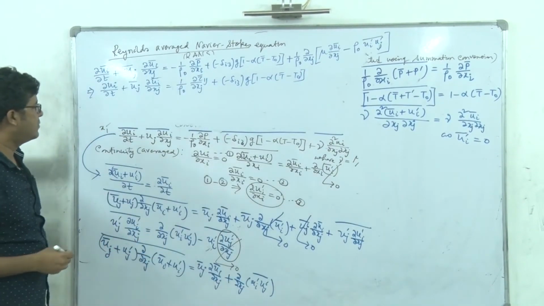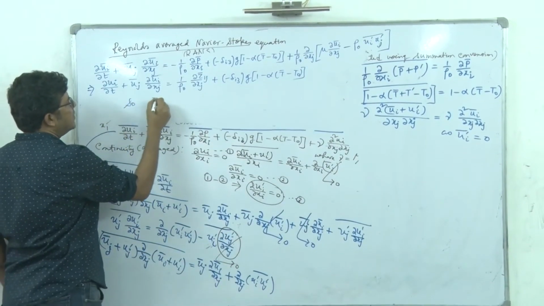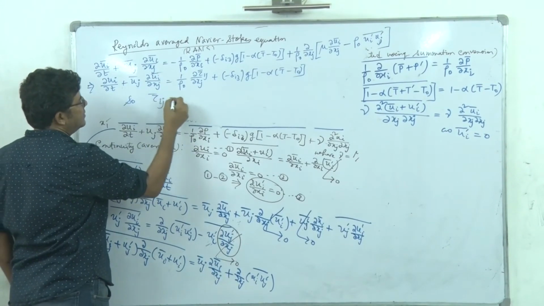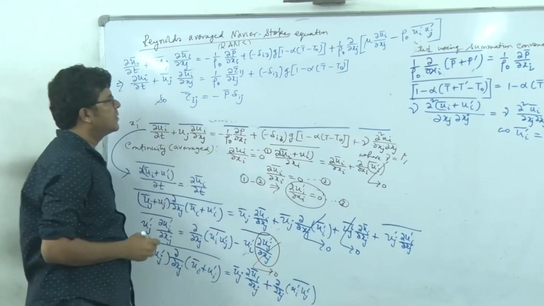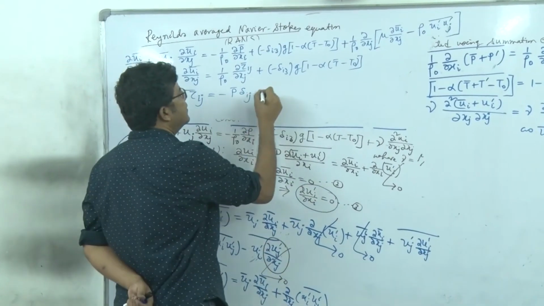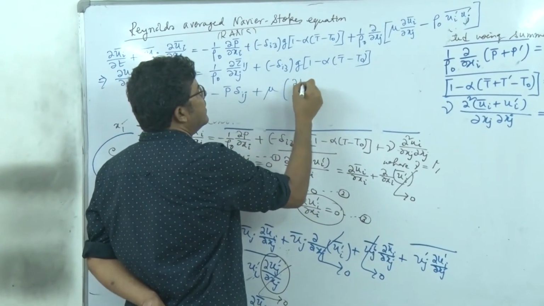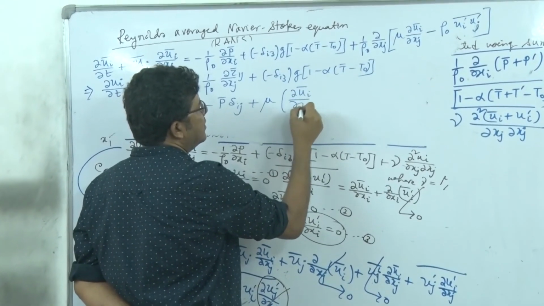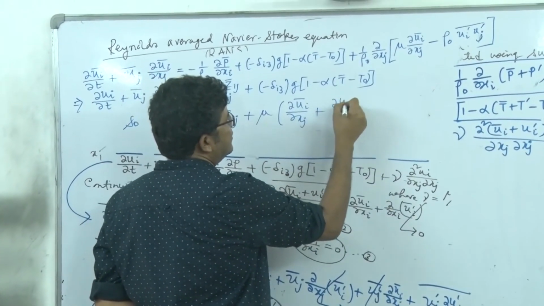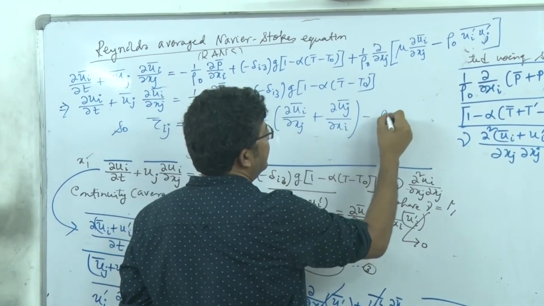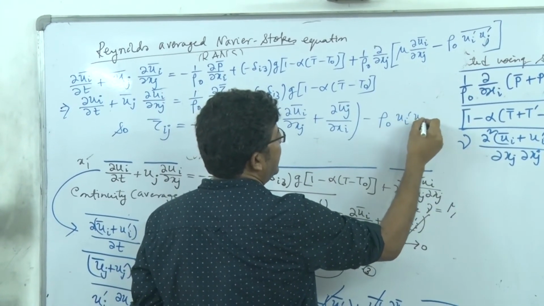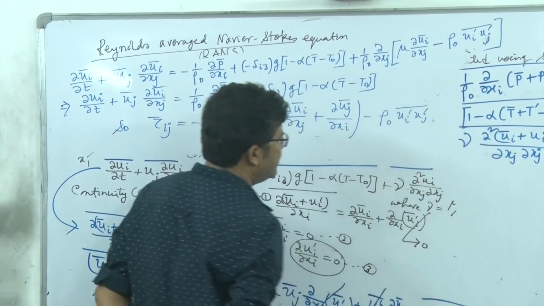So tau ij average, what it will be? P bar delta ij, right, plus mu (del ui bar del xj plus del uj bar del xi) minus rho ui prime uj prime average.